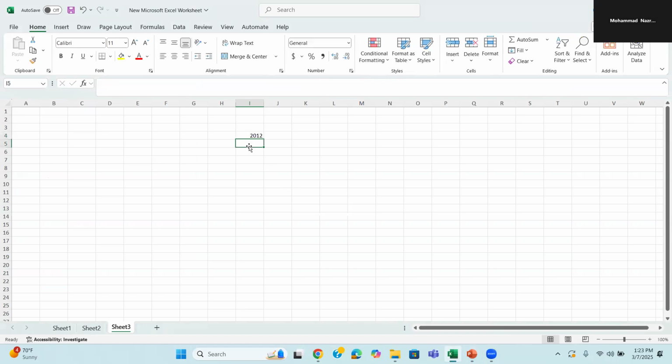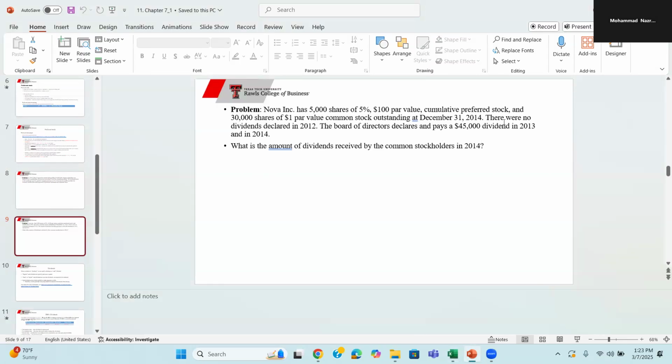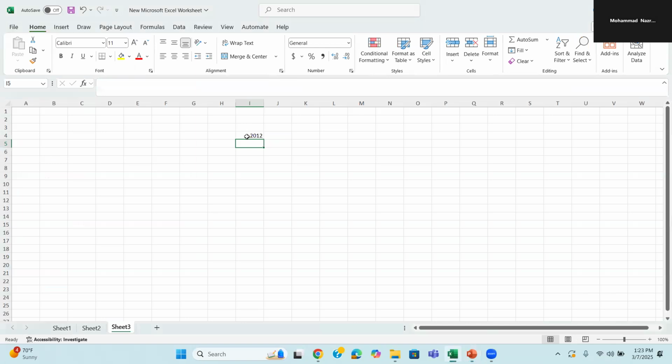So what happened there in 2012? There were no dividends declared in 2012, right? But there was preferred dividend. How much was preferred dividend there in 2012?